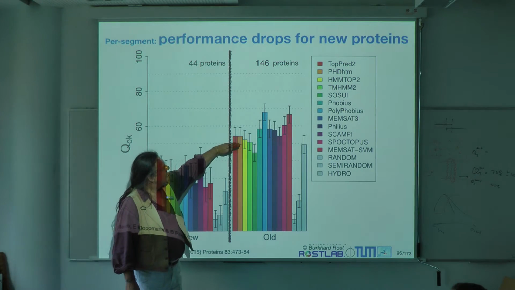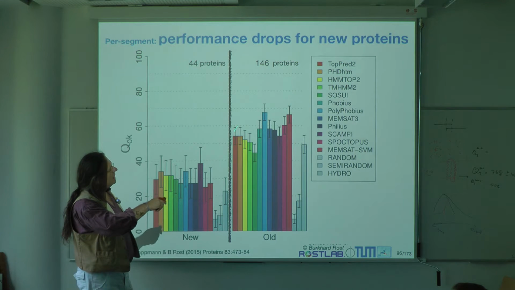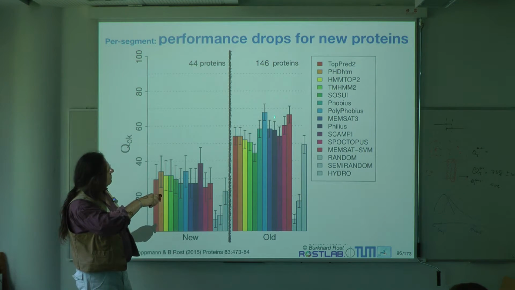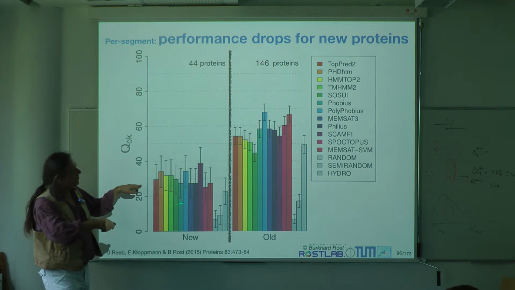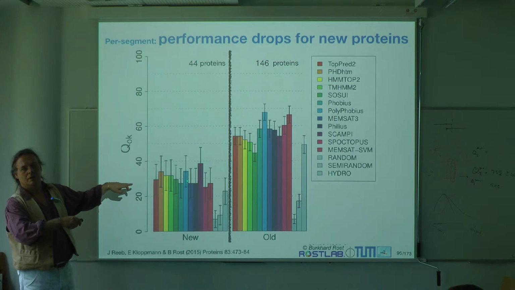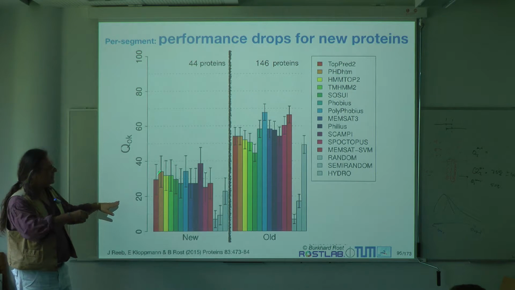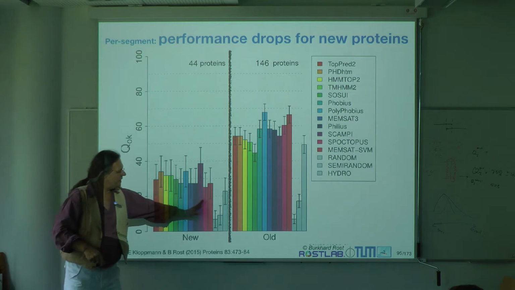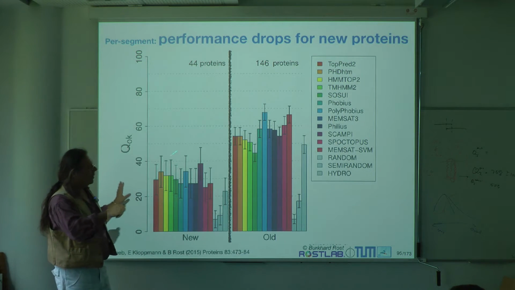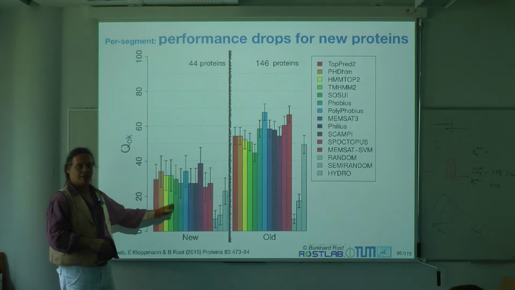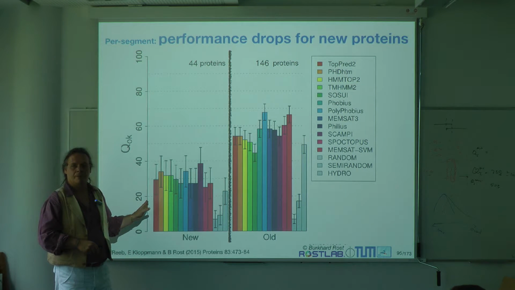And you see that for this set here, the older methods are in some sense more different than for the newer set. These are proteins that are new to all of these methods. All of these are new to the methods that are on this side.